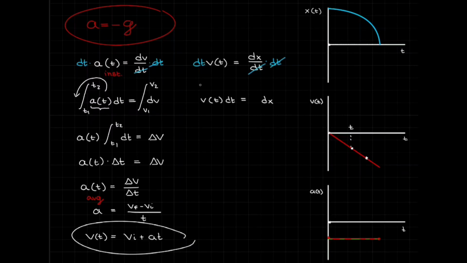And then we just integrate both sides, just like we did before. The bounds have to be the same variable as the variable that you're integrating with respect to. So it's going to be from t1 to t2. And on this side, it's going to be from x1 to x2, like so.